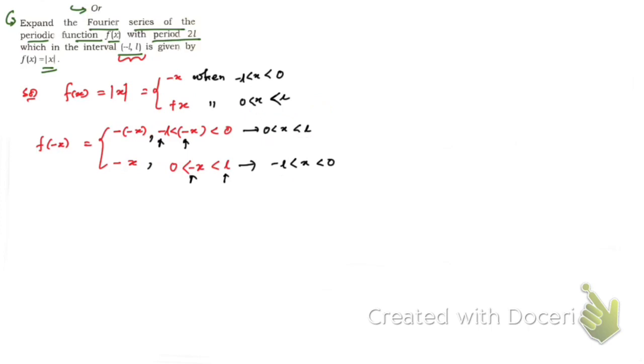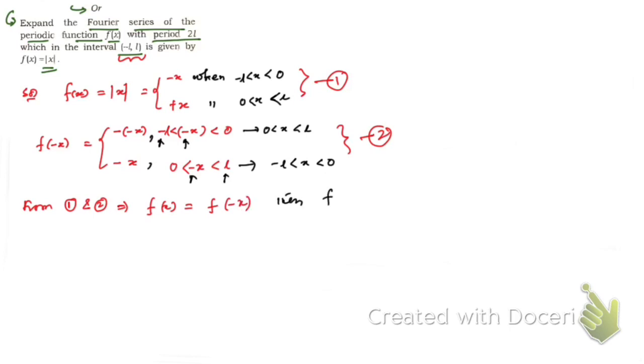So suppose this is equation number 1 and this is equation number 2. So from 1 and 2 we can say that f of x is equal to f of minus x. If so, then the function f of x is an even function, right? This is an even function. So hope you have understood this.